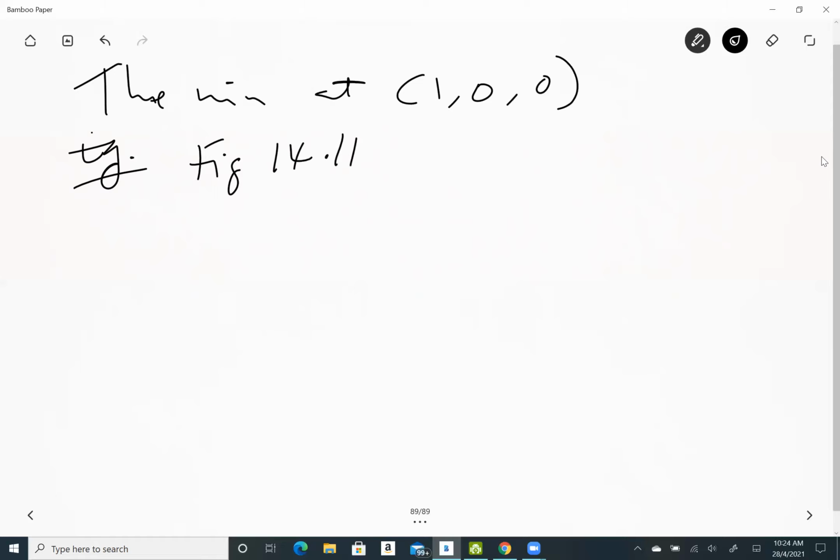From the other perspective, it's a minimum. So that is a saddle point. In example 2, the D is negative at the critical point. So we conclude that you have a saddle point at that value.